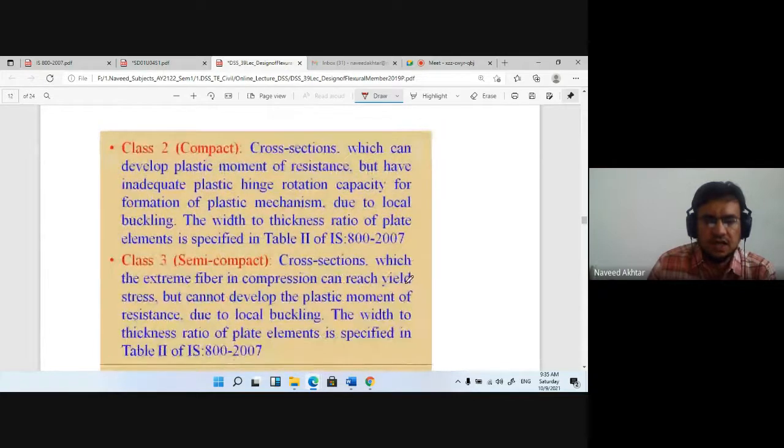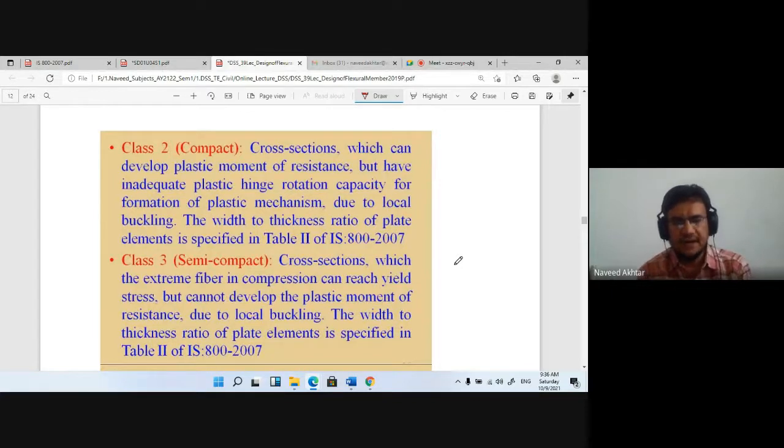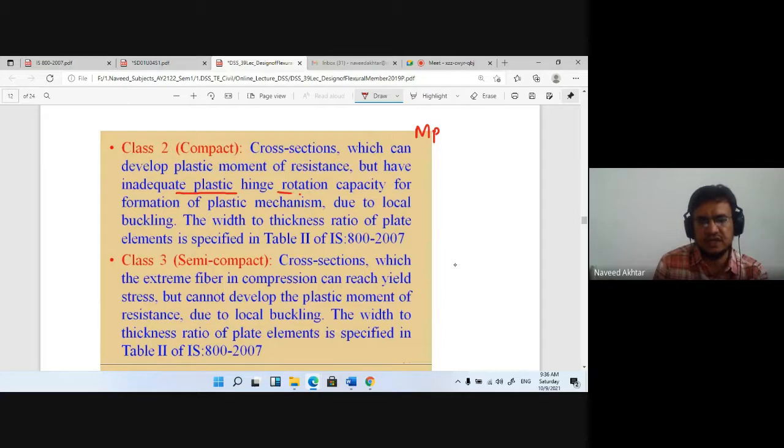Similarly, the compact section is a cross section which can develop the plastic moment of resistance, MP, but has inadequate plastic hinge rotation. You are getting MP, the plastic moment capacity, but there is inadequate rotation capacity for formation of the plastic mechanism due to local buckling.